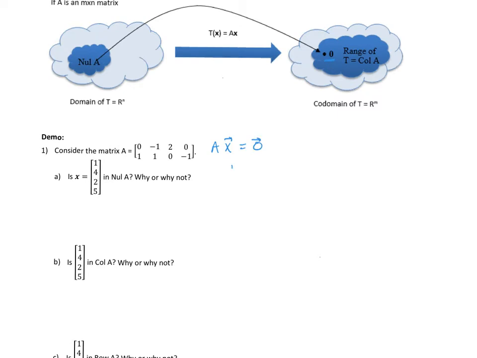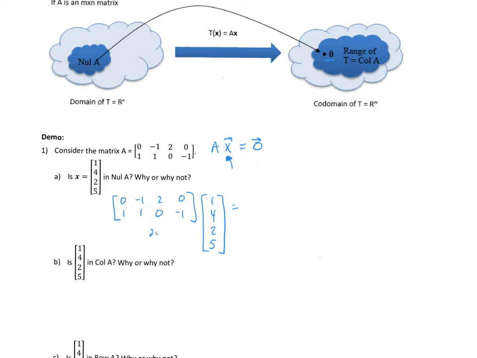All of these x's that make this equation true are part of the null space. To test a particular vector, I'm going to multiply the matrix A times the matrix x and check to see if I get the 0 vector.